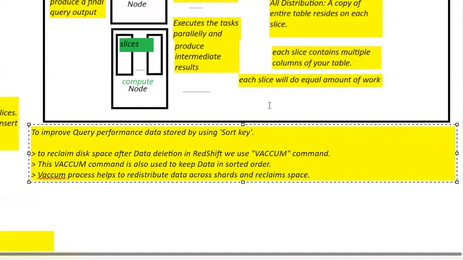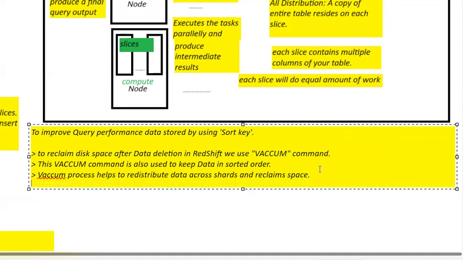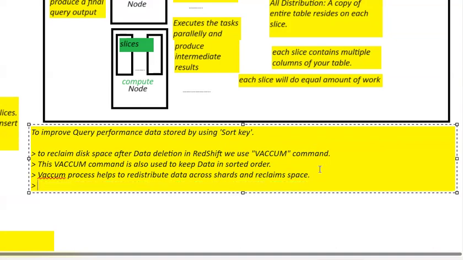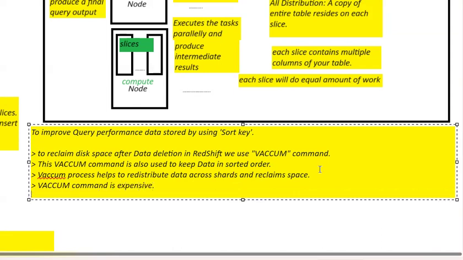One more thing: since this vacuum command is performing so many tasks, it is costly and expensive. You need to remember this point as well. So when do we use the vacuum command? We use it for reclaiming the space created due to deleted data in my table.